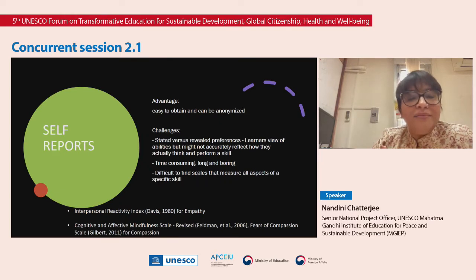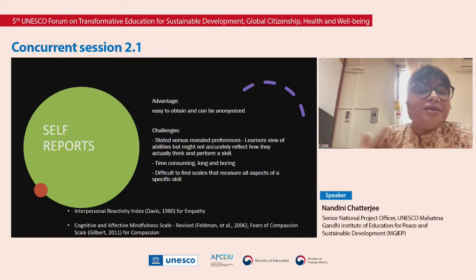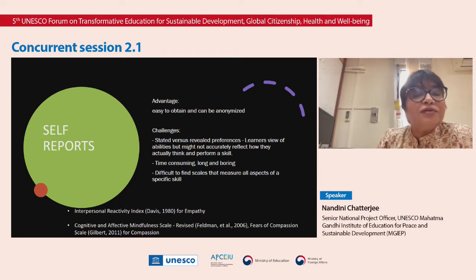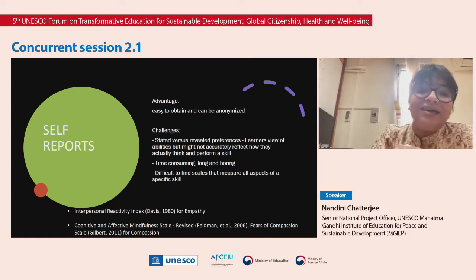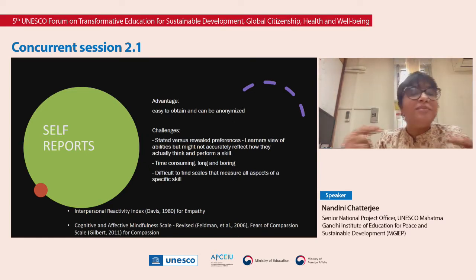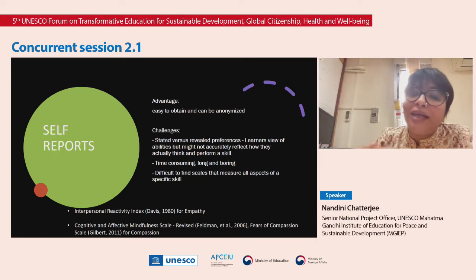So you believe or you think that this is a competency that you should have. Remember, Valerie talked on her last slide of social desirability. So we all have a need to be socially desirable. But stating that you have these abilities versus actually possessing them, the stated versus the revealed, is something that self-reports are not able to capture.